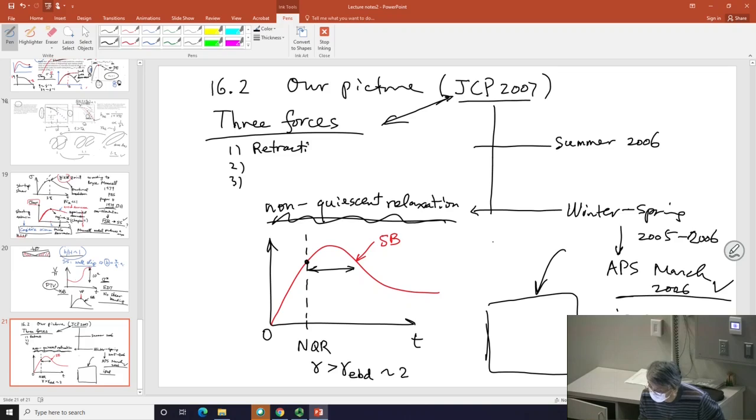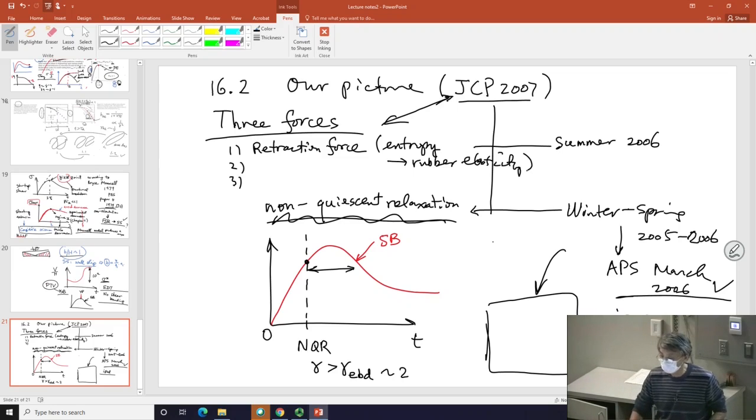We speak a lot about it already: the retractive force. Why? Because it supposedly is what we learned from the Rubber elasticity idea. So this one we are familiar with. The next 2, to us, were unknown. And we certainly have not found anyone who knew about those other 2 forces from the literature until we proposed them in 2007. So we'll do that next time.